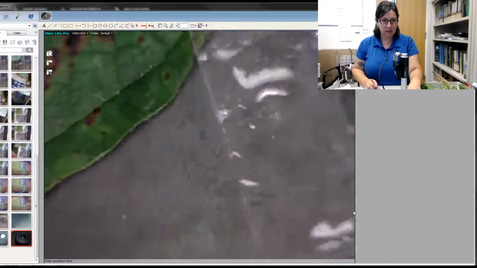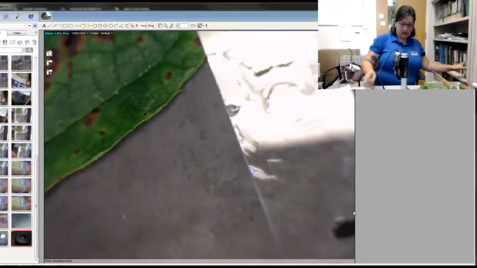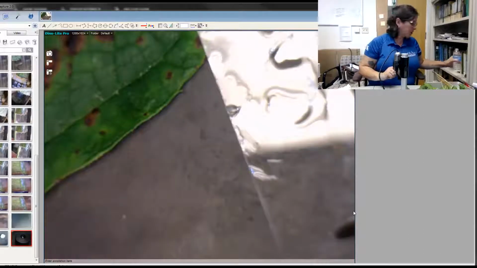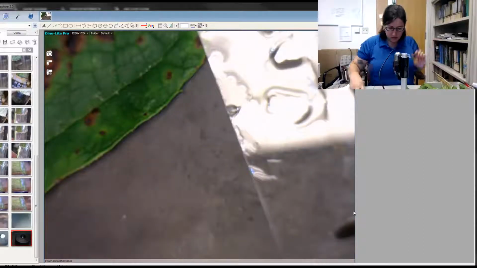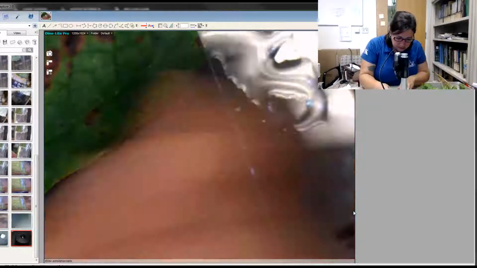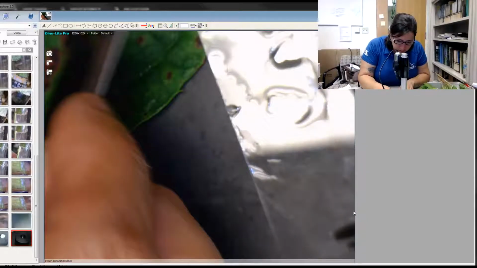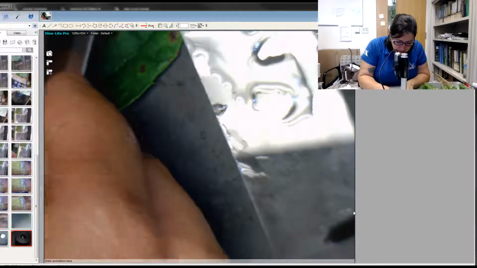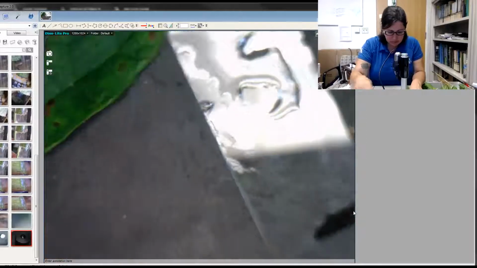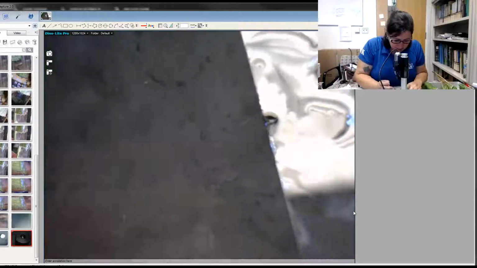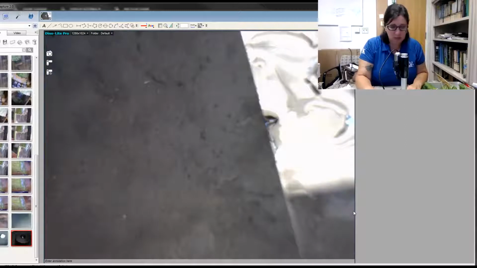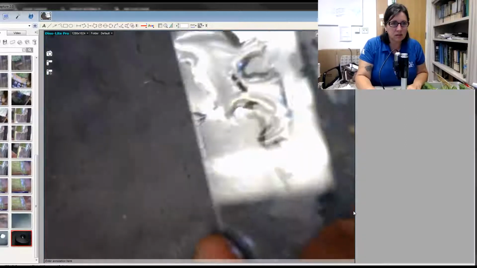Let's see. Here's my slide. And I'm sticking my finger in a water bottle, and I'm putting water there, wetting my blade, because that will help pick up this piece of tissue. It's supposed to anyway. It's not happening today. Please use tweezers. I did not go down to the lab to get tweezers, which I really should do.